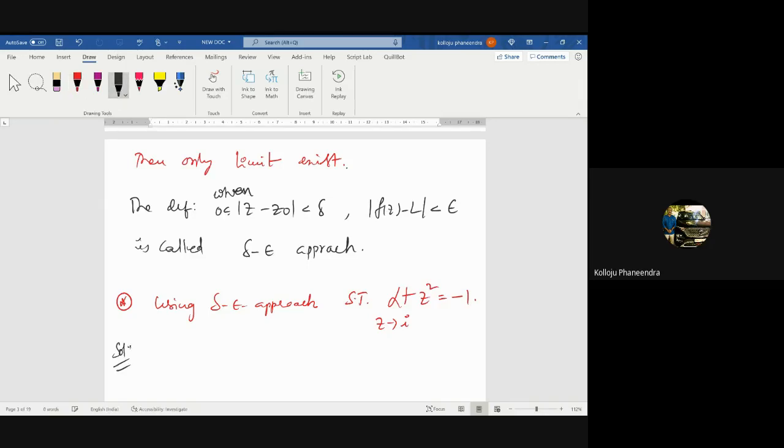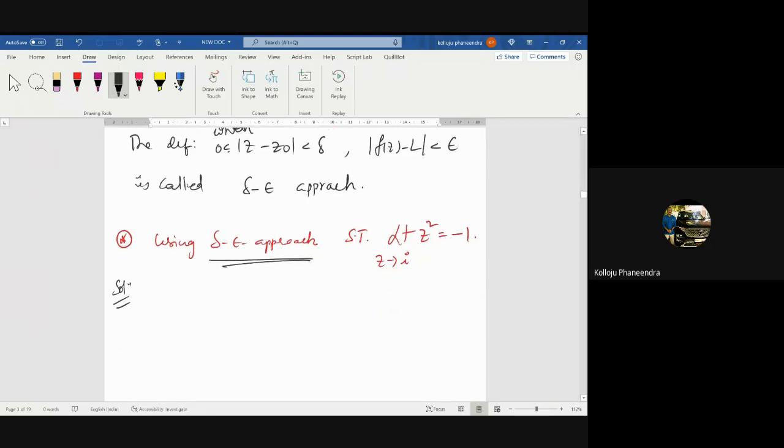Proof: automatically you can substitute z tends to i, square value minus 1. But we have to prove it using the delta-epsilon approach. Here, f of z is z square, L is given as minus 1, and z naught is given as i.